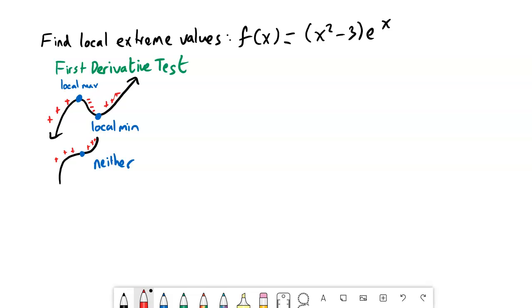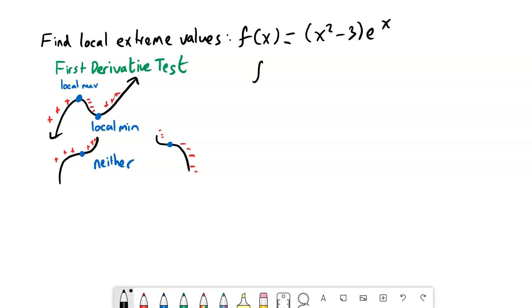And then minus to plus is a local min, and there are cases where there's neither, like minus, minus, minus all the way from the left to the right side of this graph. So now we apply it to this one.